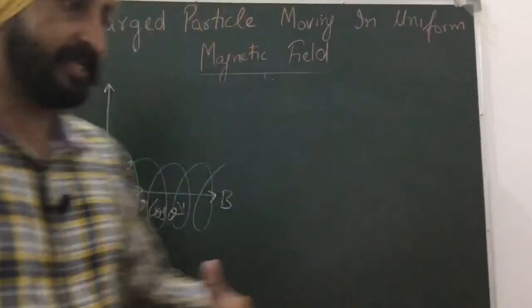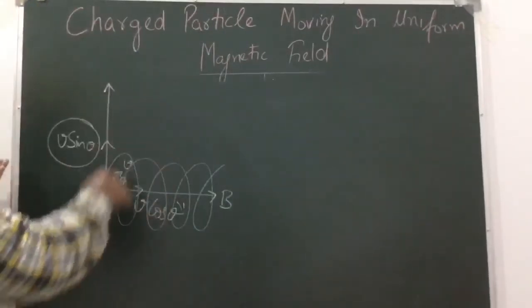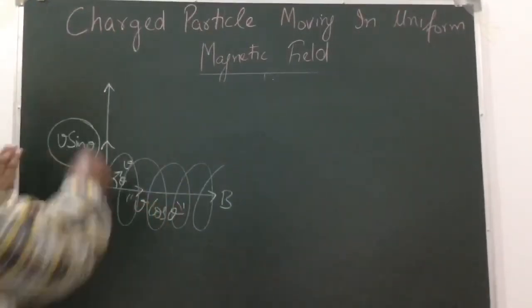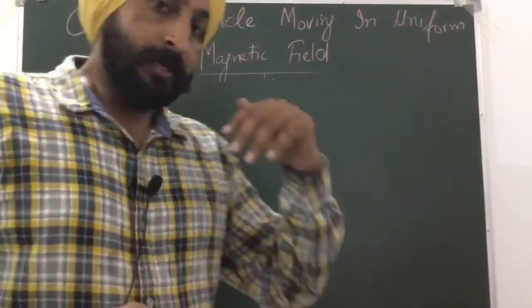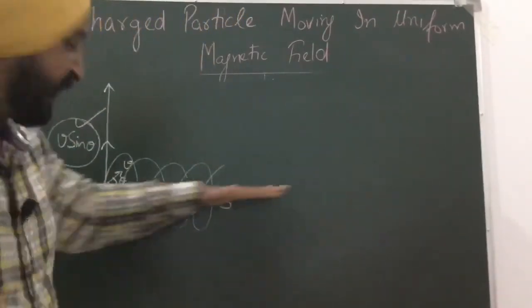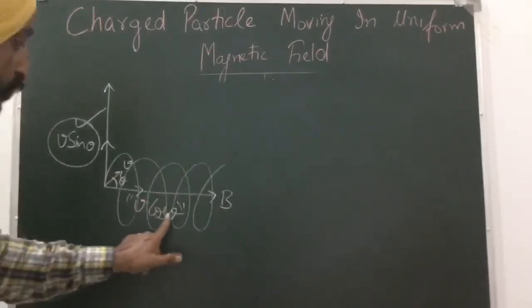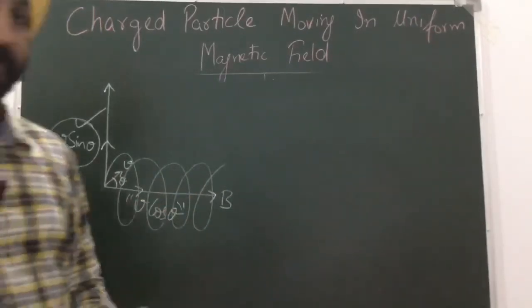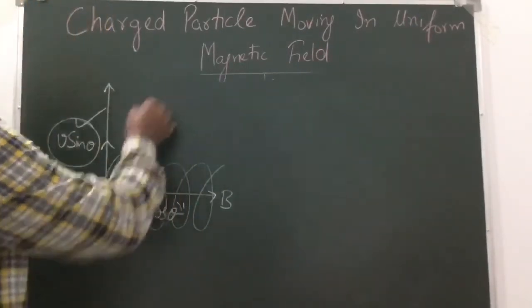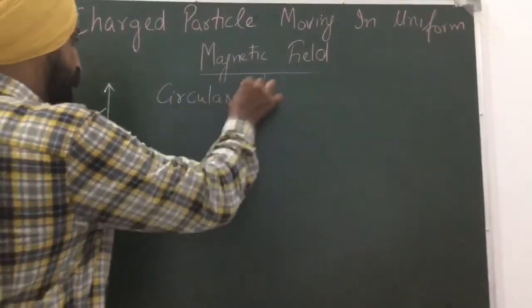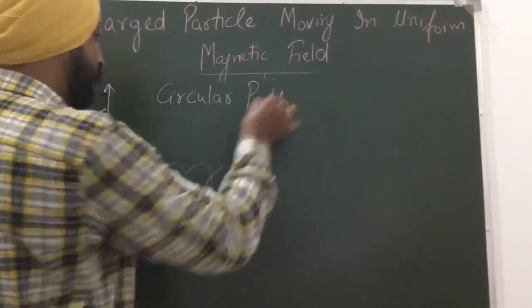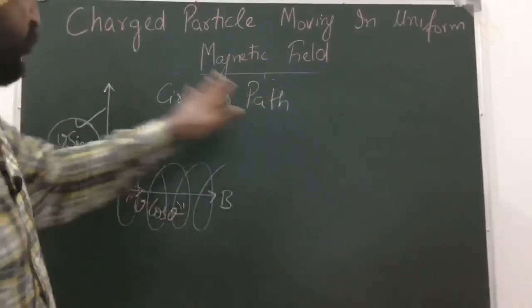So our particle is also describing the circular motion due to this component of velocity, and it is also moving in the longitudinal direction due to v cos theta, this component of velocity, fine. So it is moving in the circular path, or it is experiencing the force due to which component?